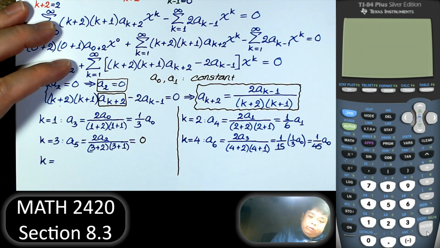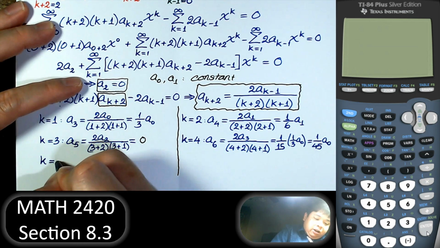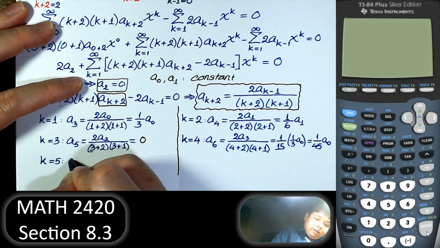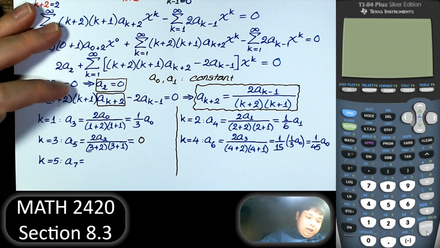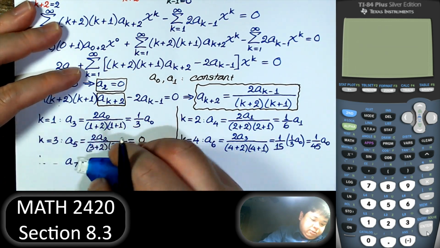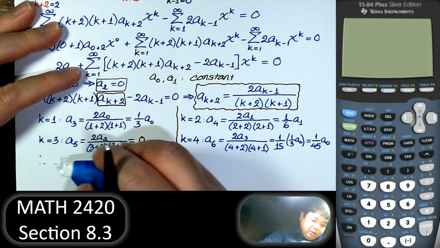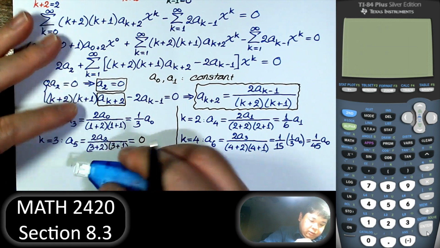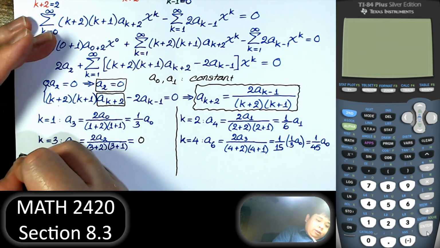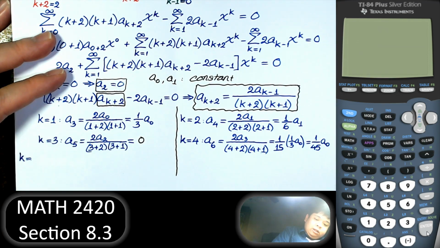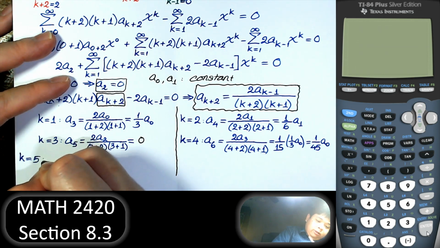K equal to 4, we have a6. K equal to 5, we have a7. Actually, I should write this. Take a lot more space. Now k equal to 5.